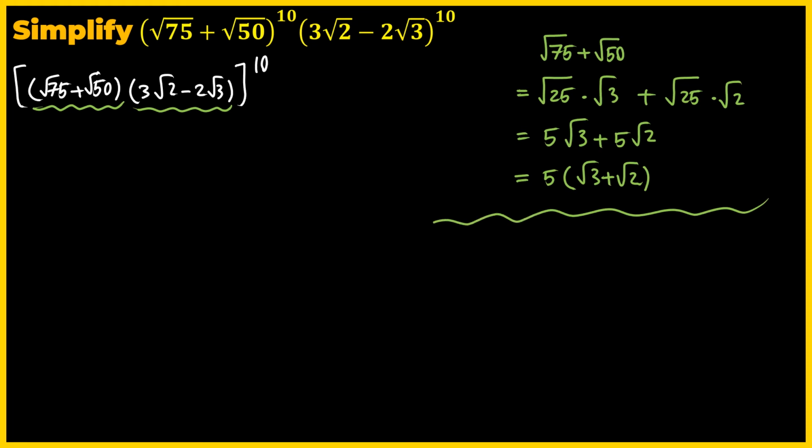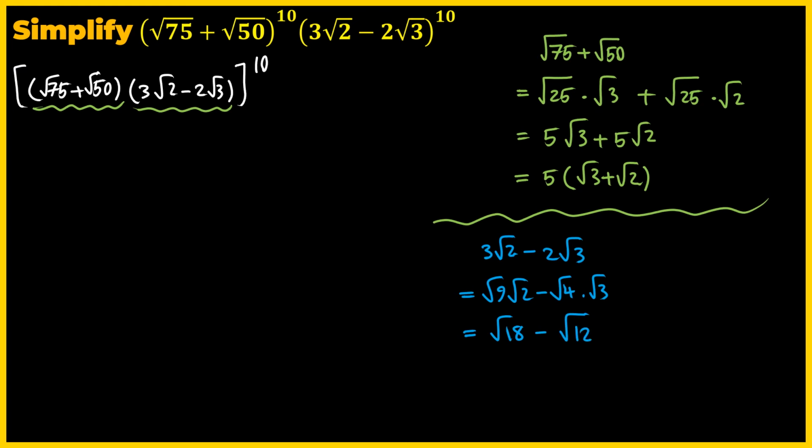The second expression is 3 times root 2 minus 2 times root 3. In order to simplify this, I'm going to replace 3 with the square root of 9, and I'm going to replace 2 with the square root of 4. And by doing that, we get the square root of 18 minus the square root of 12.